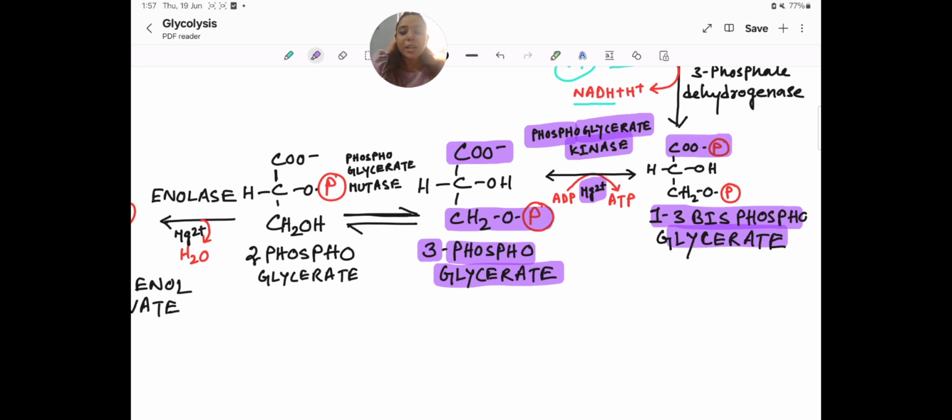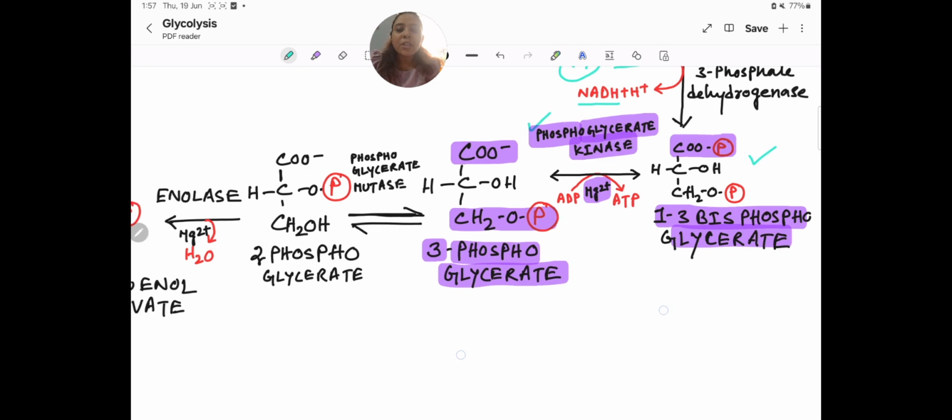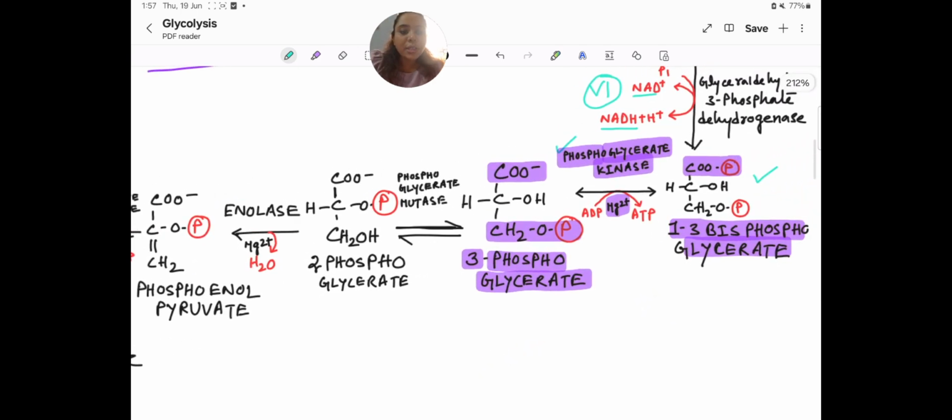We can convert 3-phosphoglycerate to 1,3-bisphosphoglycerate. They can interchange their form. So the enzyme is phosphoglycerate kinase. Now this is the 7th step, and in the 7th step we also generate energy, ATP. In the 6th step we generate 3 ATP, and in the 7th step we generate 1 ATP.